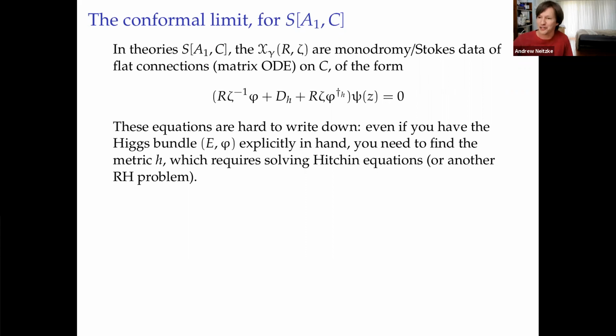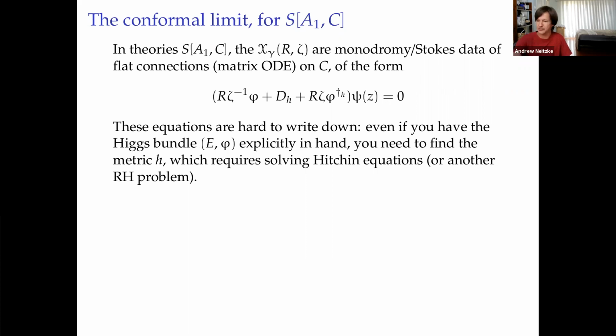But the equation is pretty hard to write down. Like if you ask me what's that equation, even in the very simplest A1, A2 example, I say, okay, you solve this Riemann-Hilbert problem and you get the monodromy of some differential equation. And then you say, great, what differential equation? And then I have to say to you, well, to get the differential equation, you first have to solve this PDE, this elliptic PDE in the plane with some complicated boundary conditions.